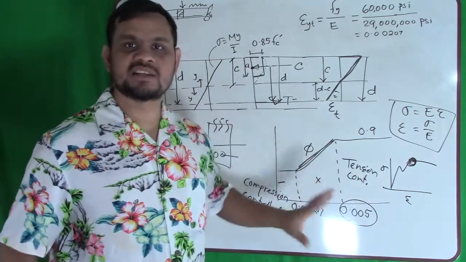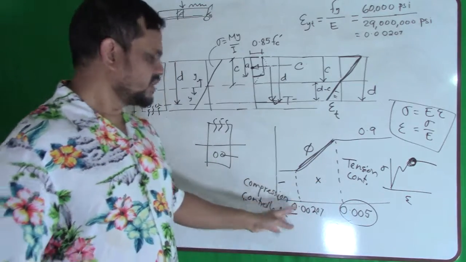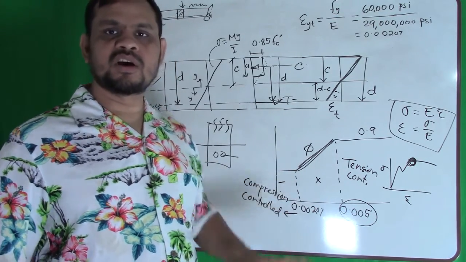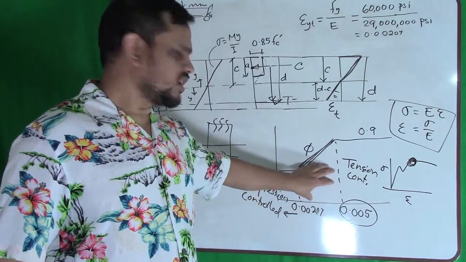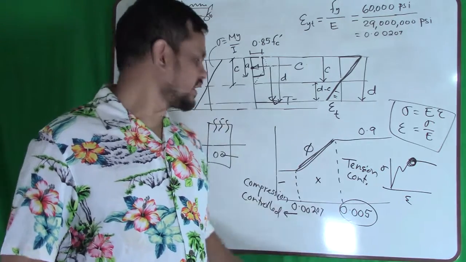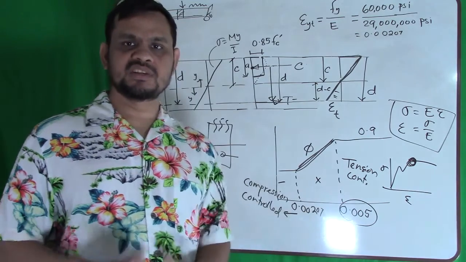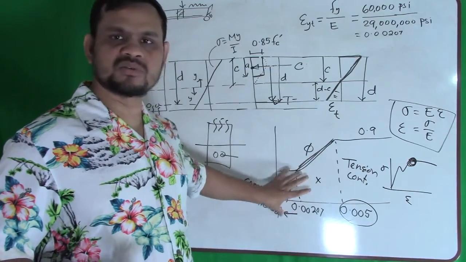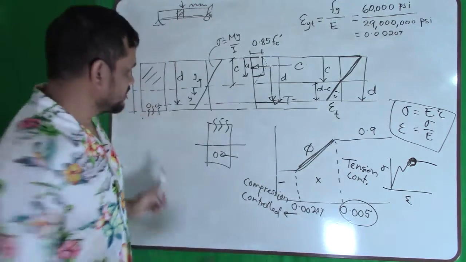In between is the transition zone, and we will discuss more about it. We do not want the compression zone. Up to 0.004 is okay; most designers say 0.004 is okay, but nothing close to or less than 0.004. We will discuss more.